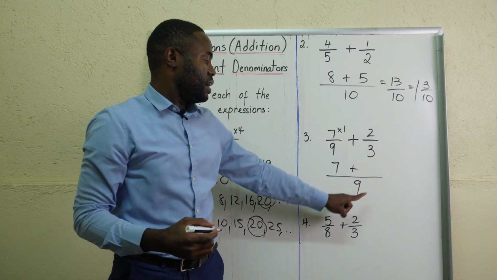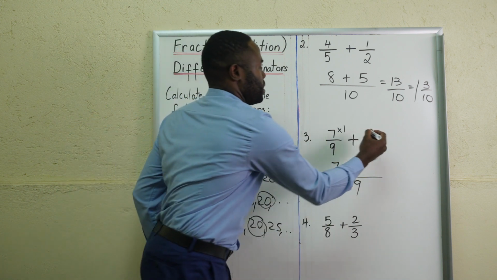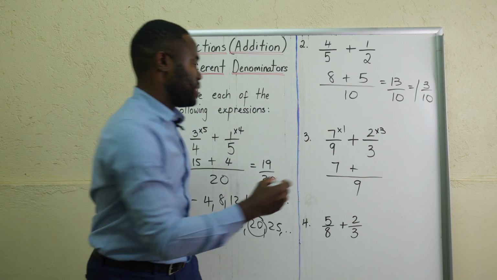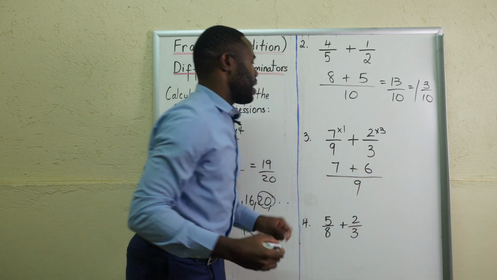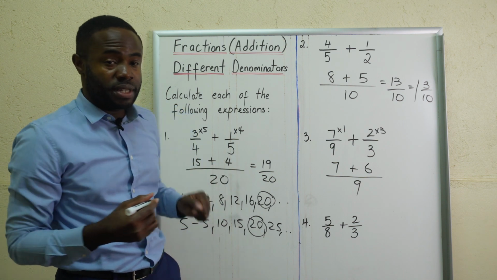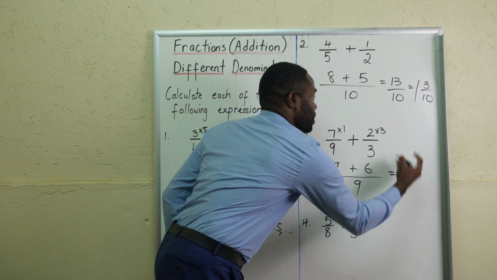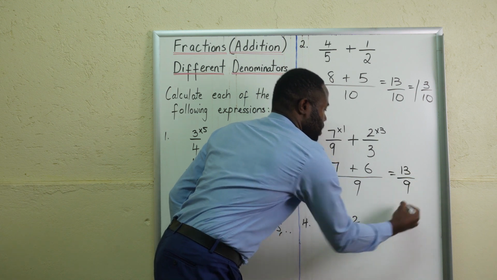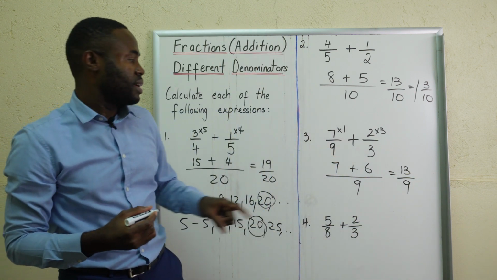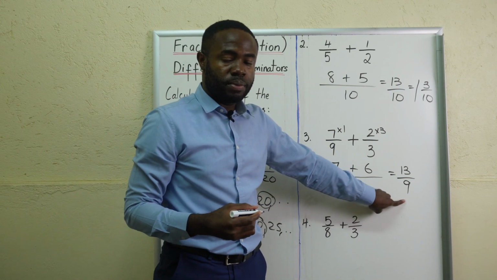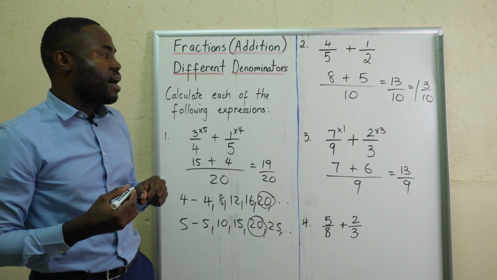Then 3 into 9, that goes what? 3 times. So it's 2 times 3, which is 6. After we have multiplied, we now need to add. So 7 plus 6, again, that is what? 13, similar to the previous question, but this time over 9. Always remember, when we find our common denominator, we always put it back. That doesn't change.